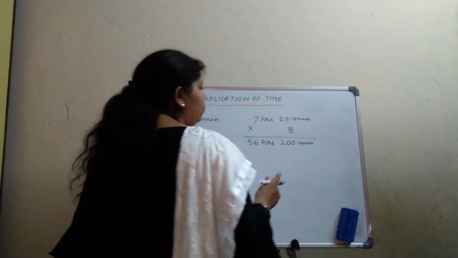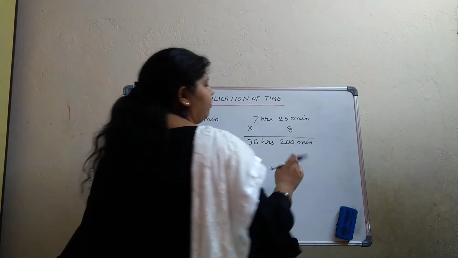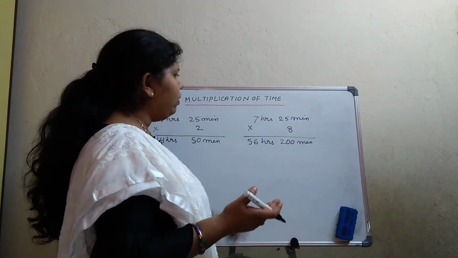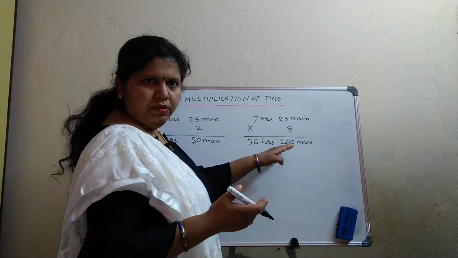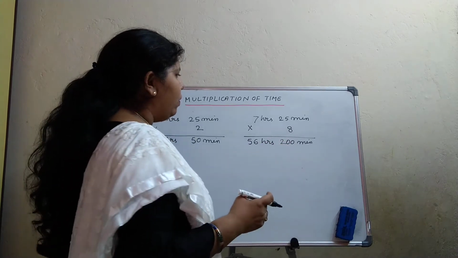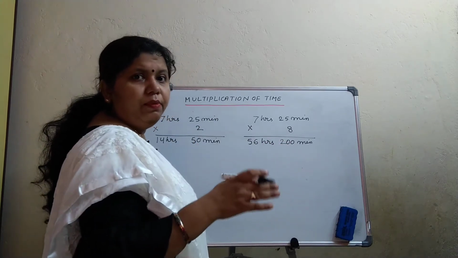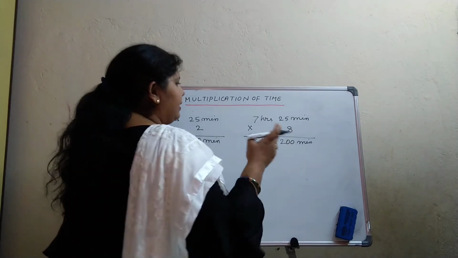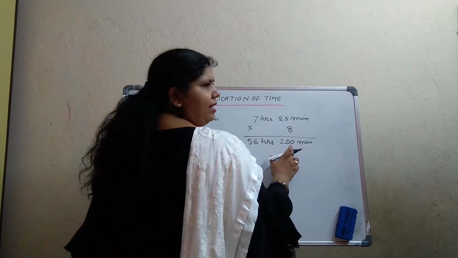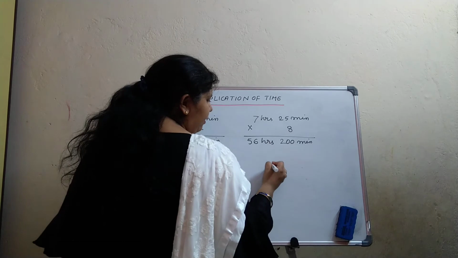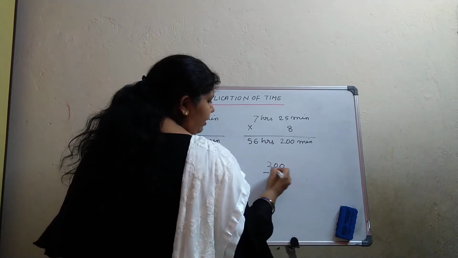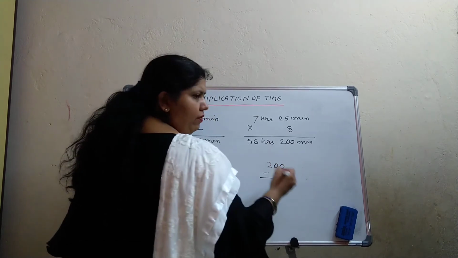Now what do we have to do? This 200 minutes we have to convert into hours. Let us see, can we convert? Earlier, when I was telling about addition of time, what I was doing was subtracting 60. Now you see, if I subtract 60 from 200, what will I get?